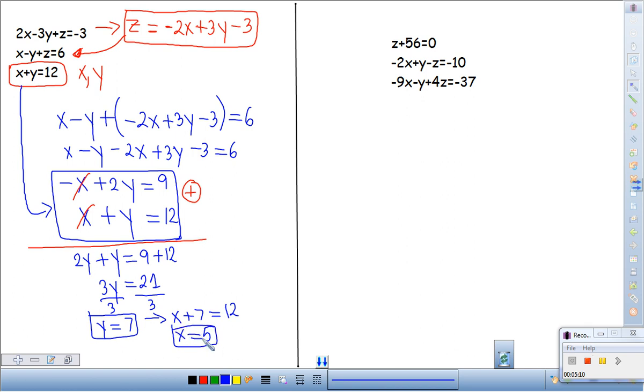And now that we have both x and y, I invite you to substitute them back into z and find out what z is. Well, let's take a look. Negative 2 times 5 is negative 10. So negative 10. 3 times 7 is positive 21 minus 3. Well, 21 minus 10 is 11. Minus 3 gives me that z equals 8.